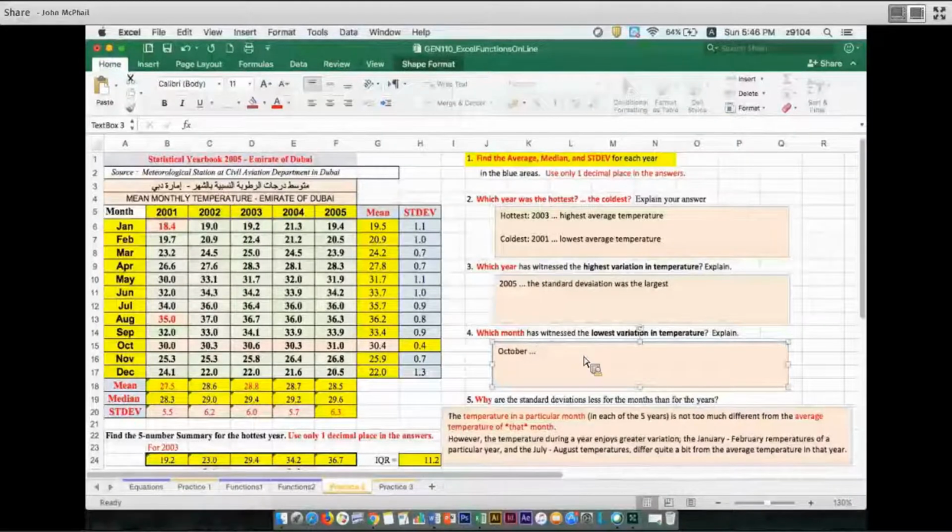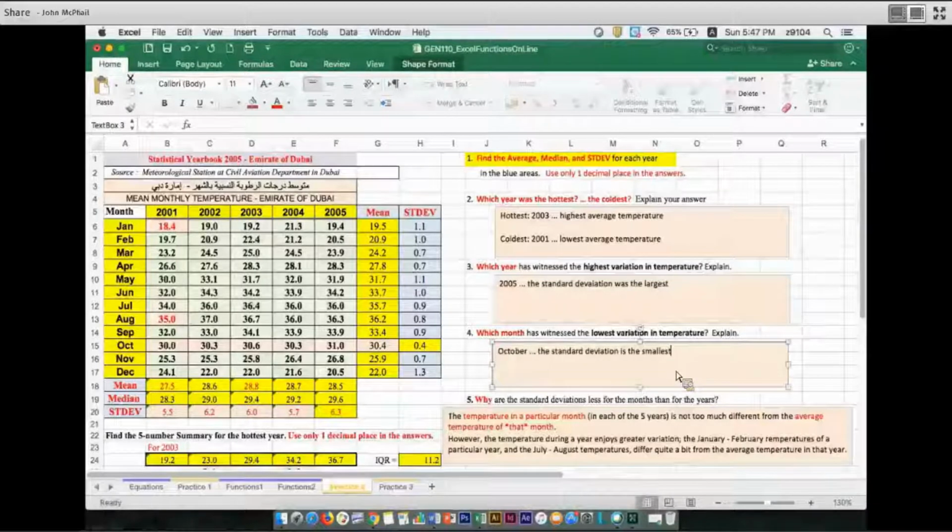And so the standard deviation is the smallest. That is how we are basing our answer on the standard deviation.